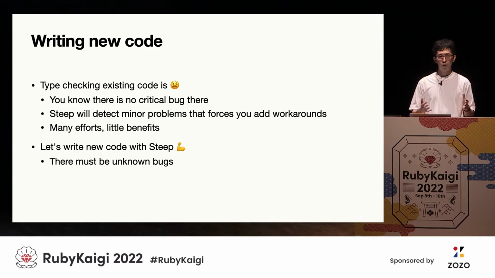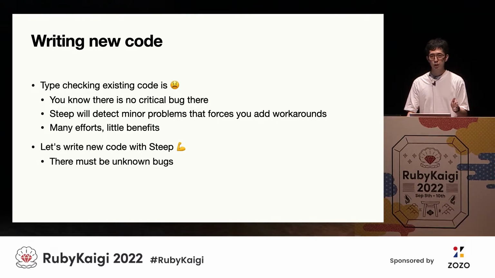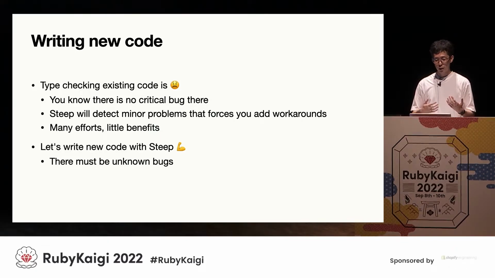You already tested that, your teammate reviewed that, or it is already running in production. Steep will detect some minor problems, but it doesn't make much sense. It just requires you to add some workarounds, some inline annotations or casts. It means that it requires too much effort for too little benefit.